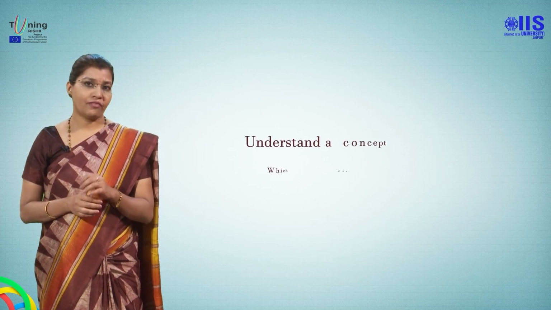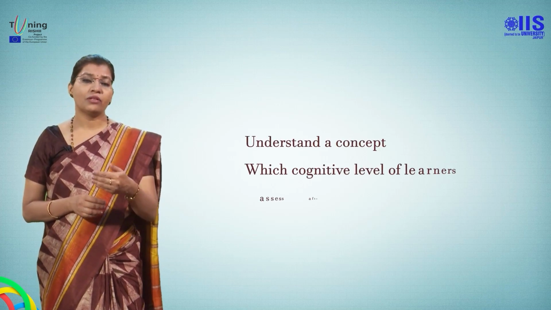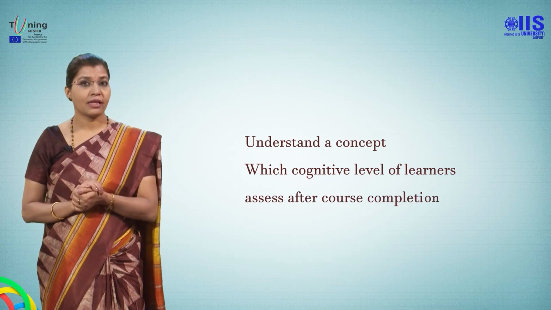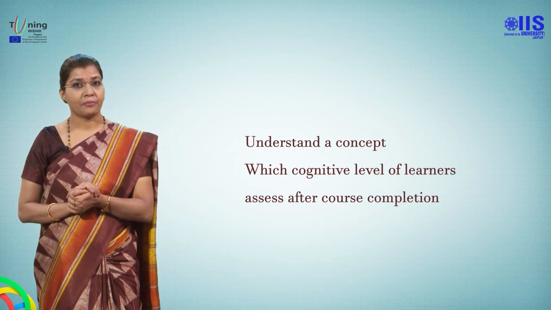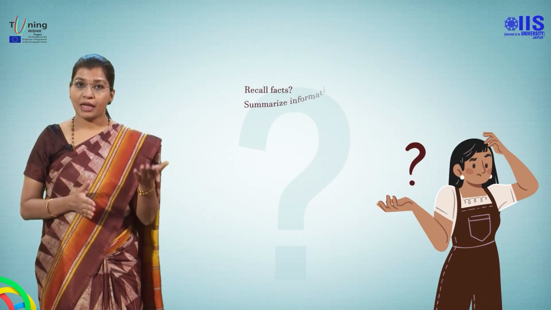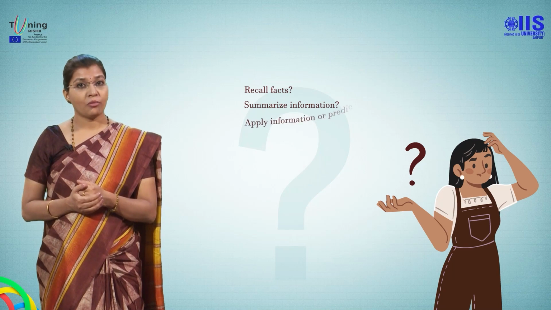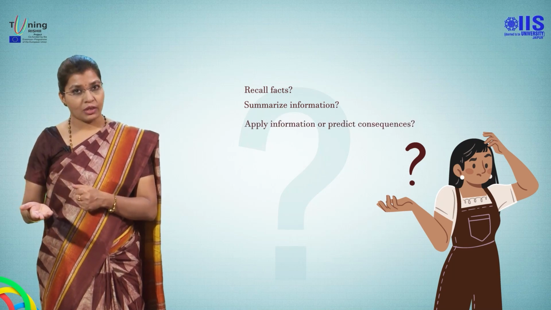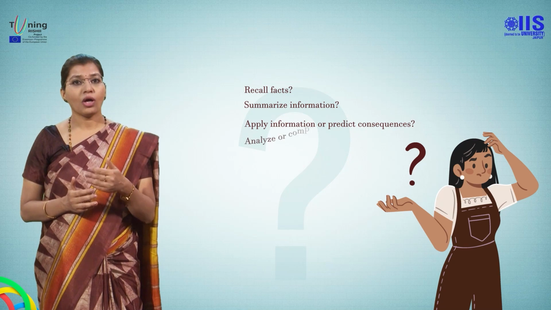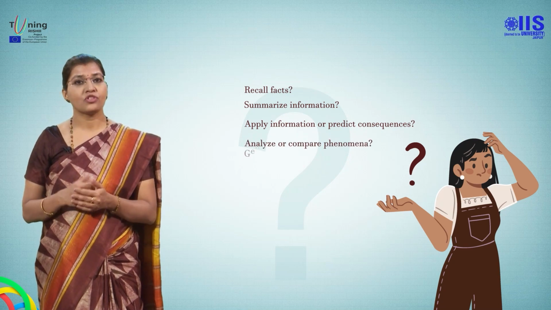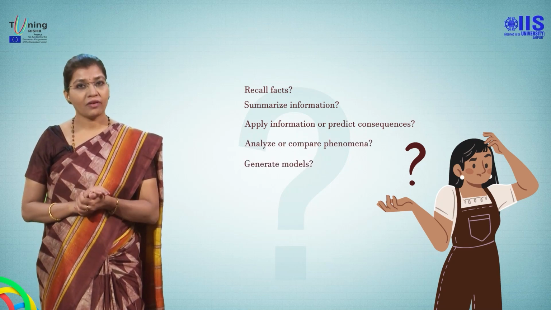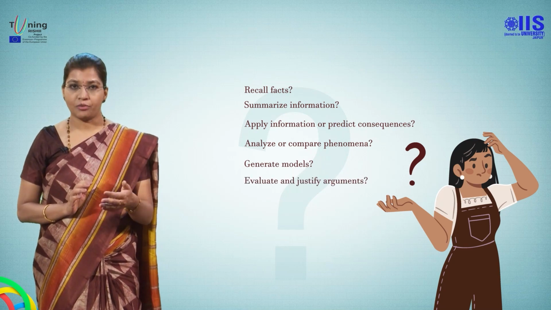If your goal for your students is to understand a concept, then it is important to know and clarify which cognitive level of learners we are going to assess after the course completion. Whether the student should be able to recall facts, summarize information, apply information or predict consequences, analyze or compare phenomena, generate models, evaluate and justify arguments.